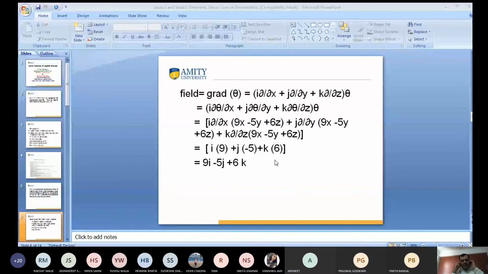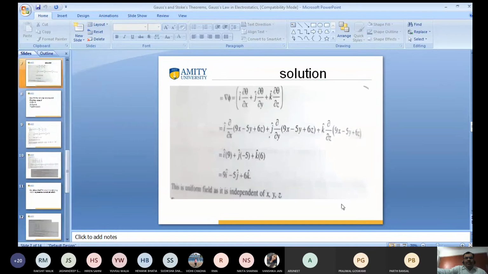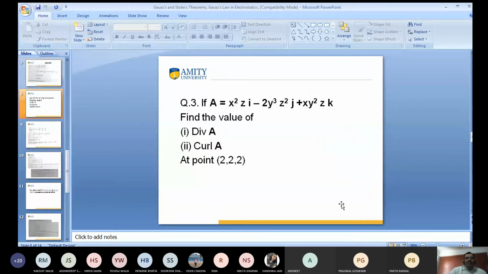Jasandeep, good. Satvik? Good. So I proceed to the next question. This question is based on the gradient, so you should be able to calculate any question based on gradient. I make you practice this. Again, next question.